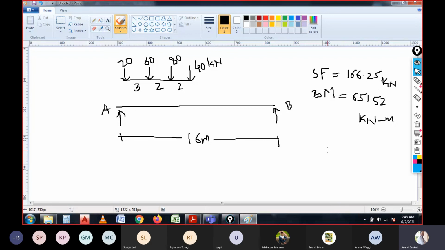Yes, sir. Okay. The same question as we discussed today, but the span and the load intensities are different. The numbers I have written are clearly visible.